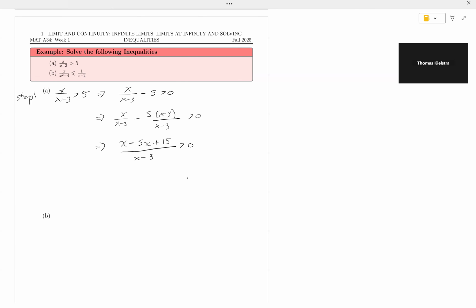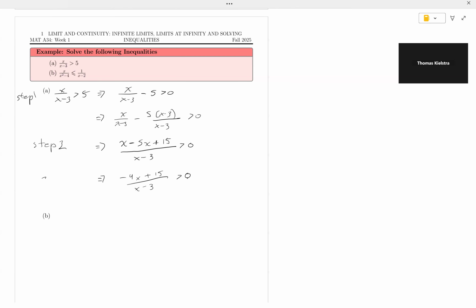Now, this implies that minus 4x plus 15 over x minus 3 is greater than 0. Some people would say this is factored. This here is step 2, common denominator.